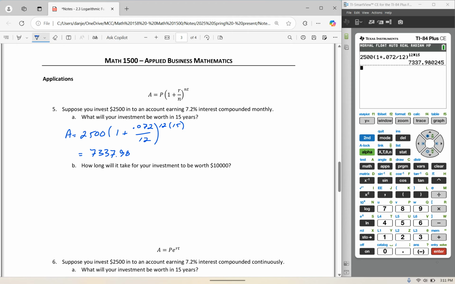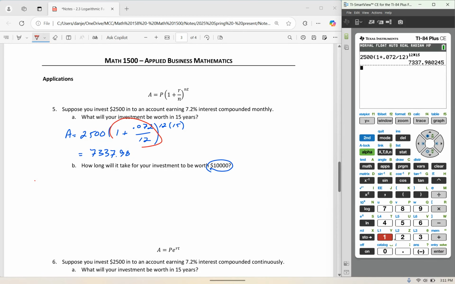But suppose I want to know, when will my investment be worth $10,000? Now, a couple of things I'm going to do. First, I'm going to calculate this value. The 1 plus 0.072 over 12 is 1.006.